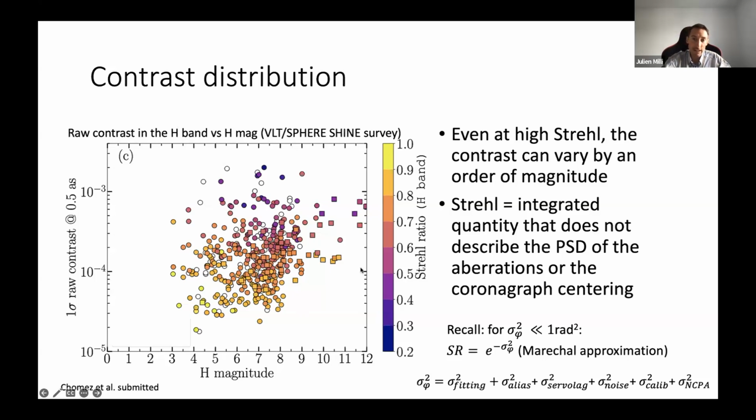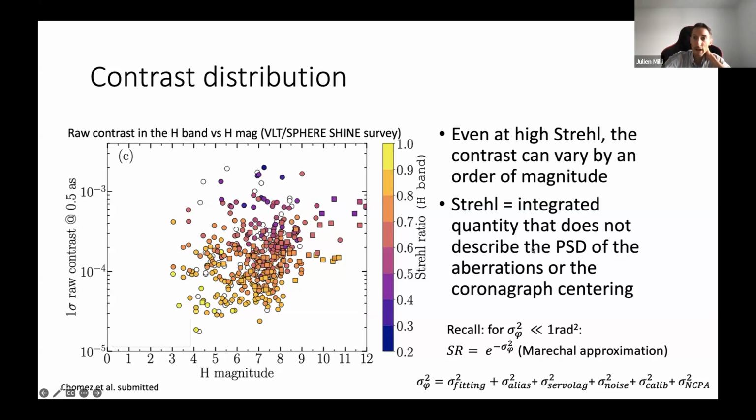The color code is for the Strehl ratio. And as you can see, even when we only look at observations done under high Strehl ratio, from 80 to 100% Strehl, you can still see some variability in the contrast, from a few times 10 to the minus 5 to a few times 10 to the minus 3.